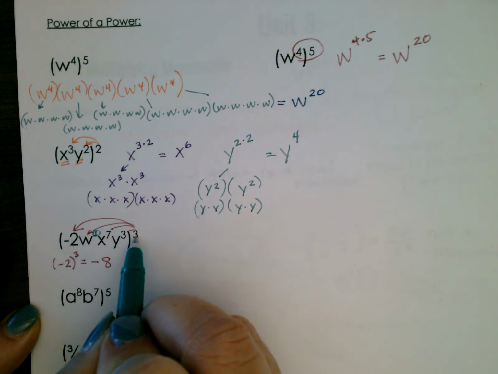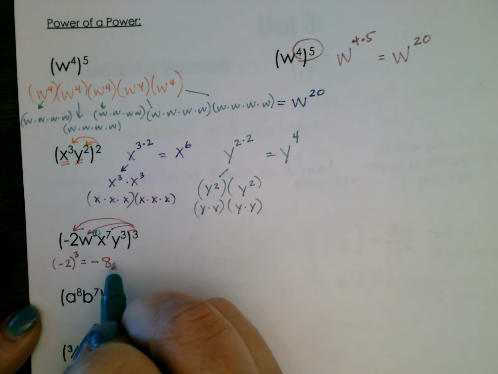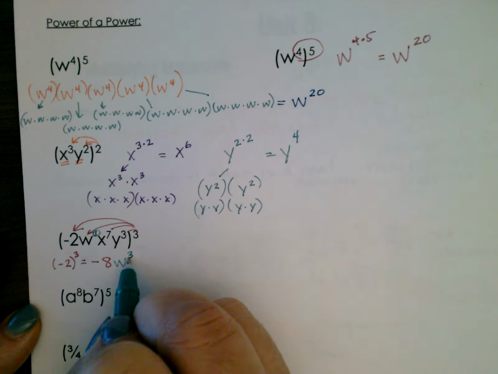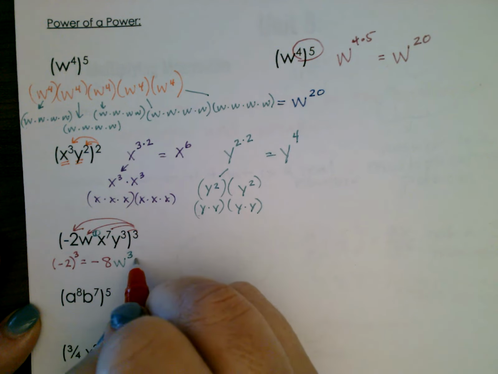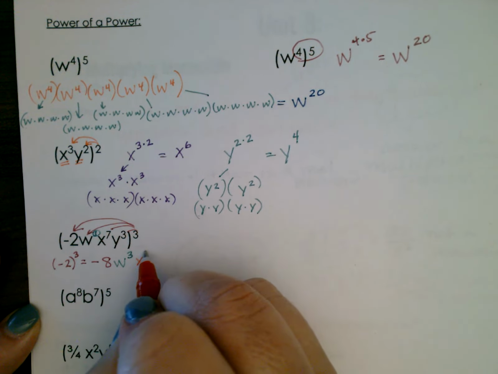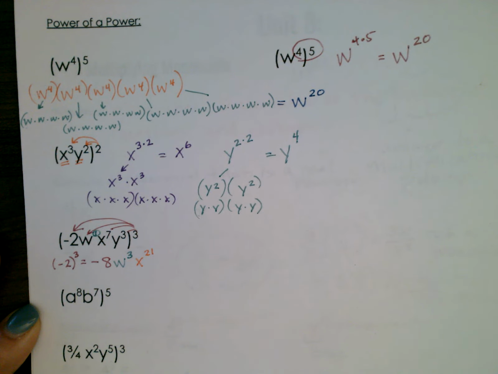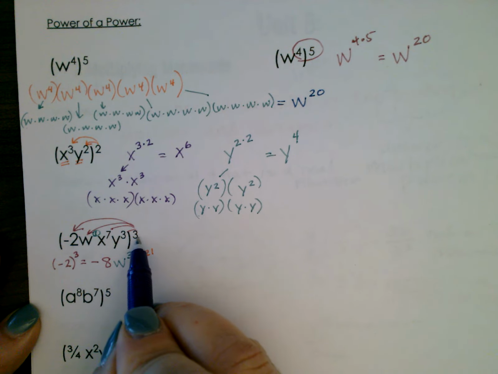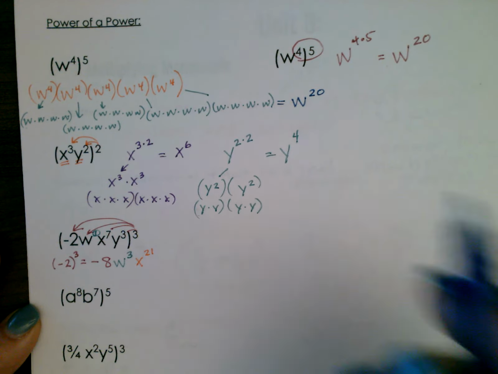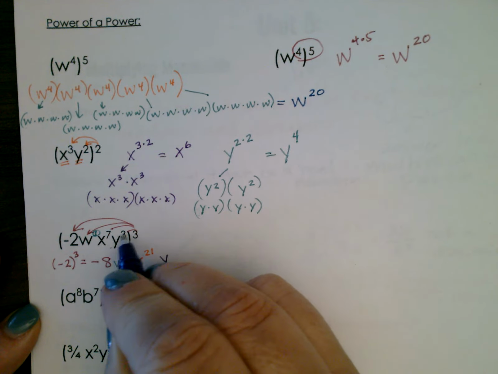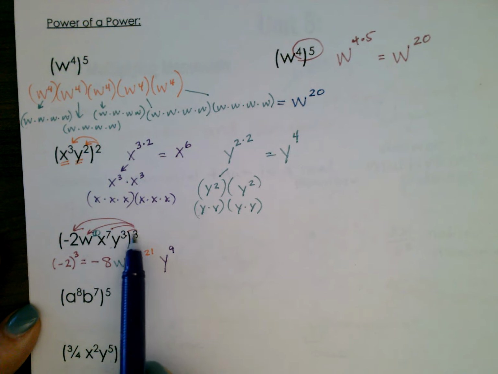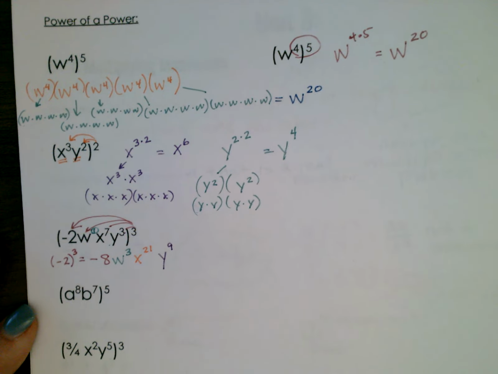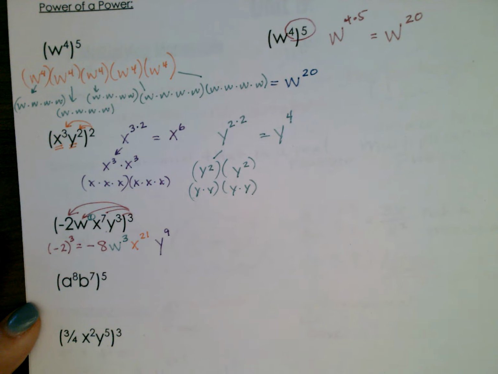Remember, this has that invisible 1, so 1 times 3 is 3, so I end with w cubed. With my x's, 3 times 7, 21. And then y cubed is y to the 9th. You just multiply your exponents.